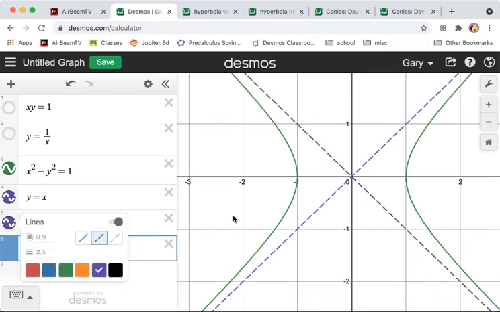I hope you can see, if you turn your head to the right 45 degrees, that this looks a lot like the hyperbola that we've seen already.